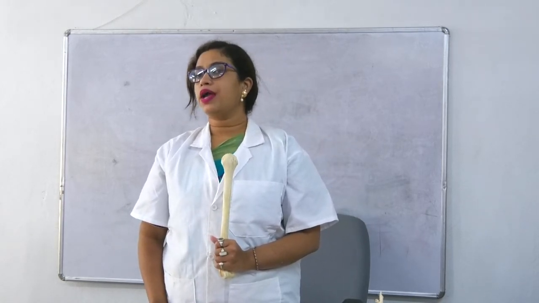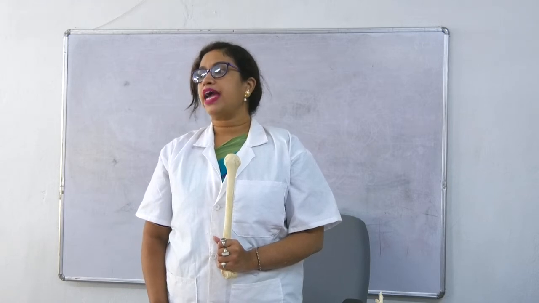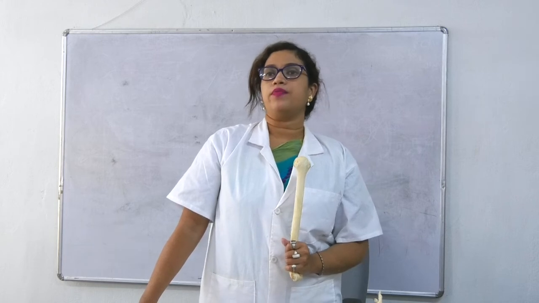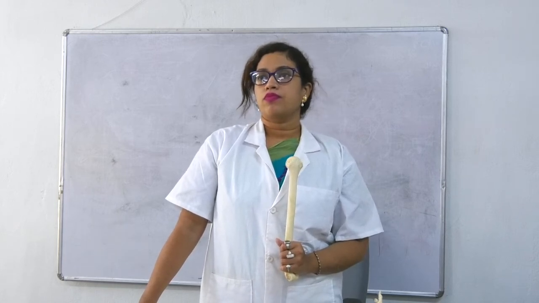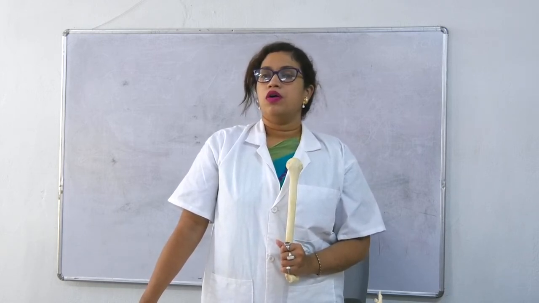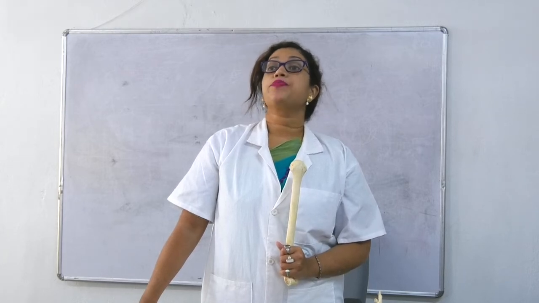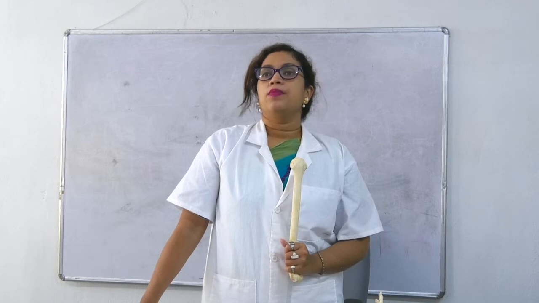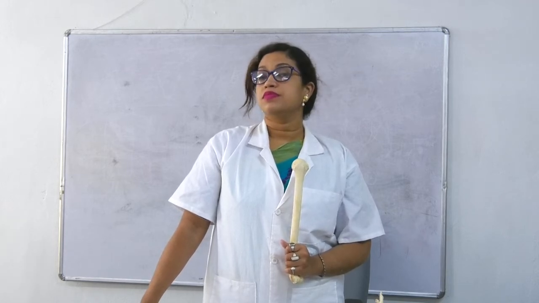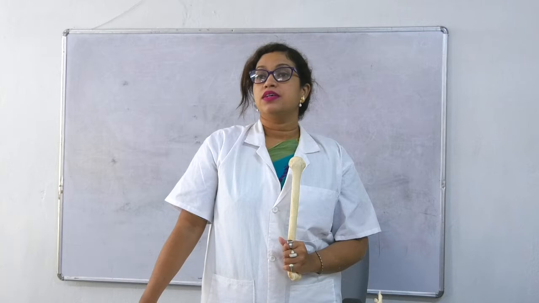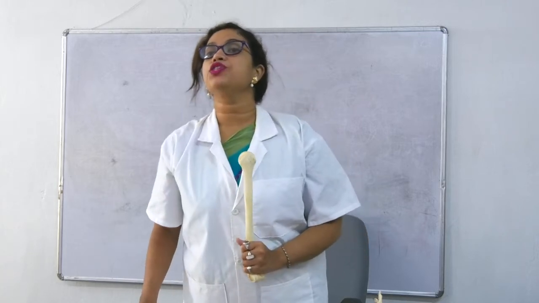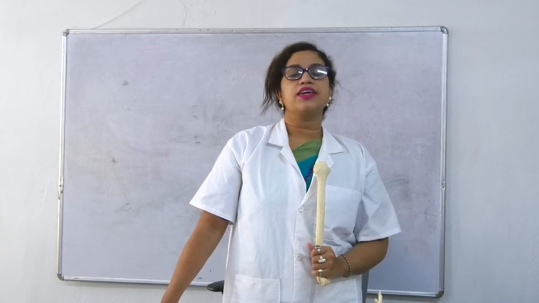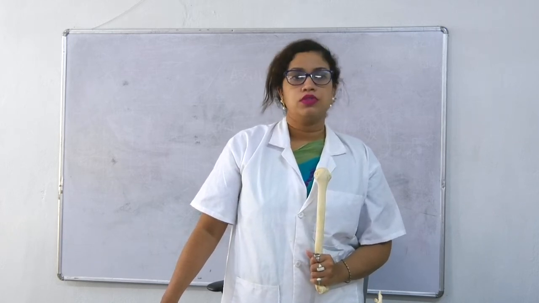The long head of triceps is spared because of the axillary division of the radial nerve, which is still giving supply to the long head of triceps.